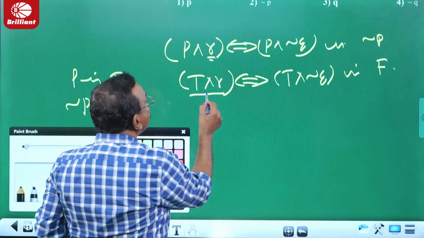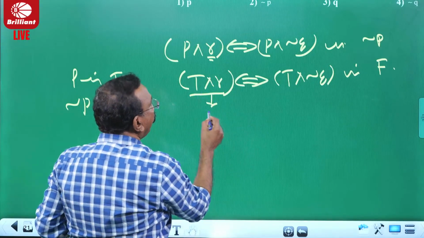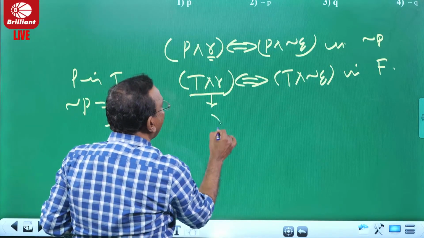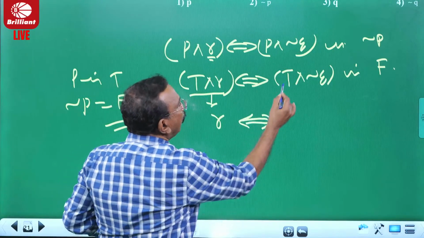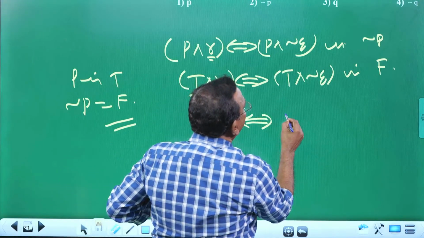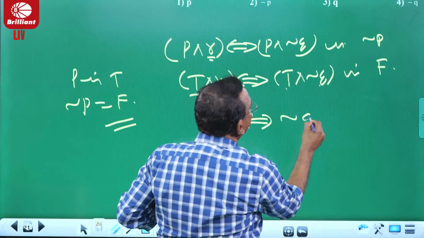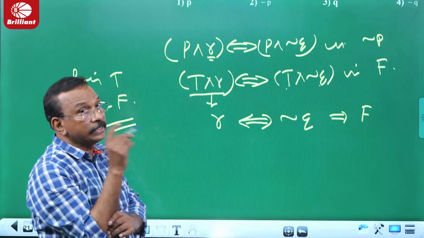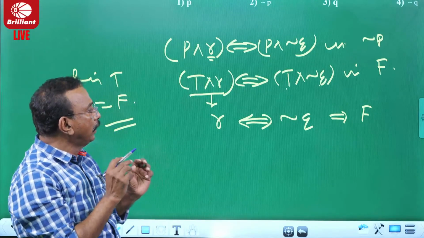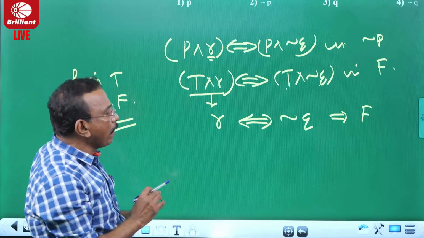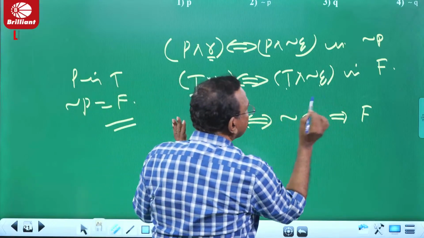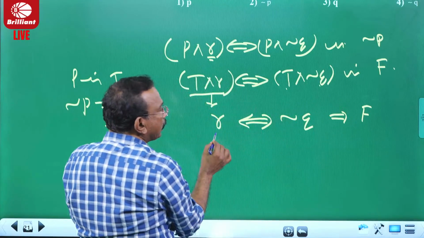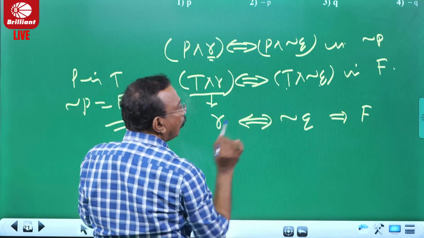And you can see for T and r there is a rule: r biconditional to this expression is T, and this negation q is also false. Then it is very interesting. You can see p is taken as true. Then this expression becomes false, meaning one of the conditions is false.